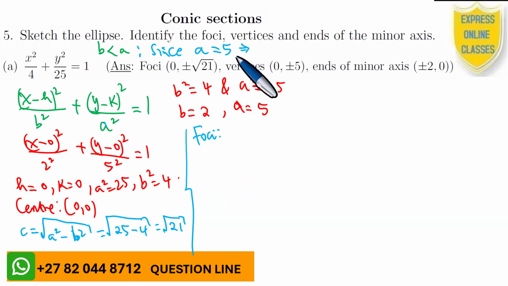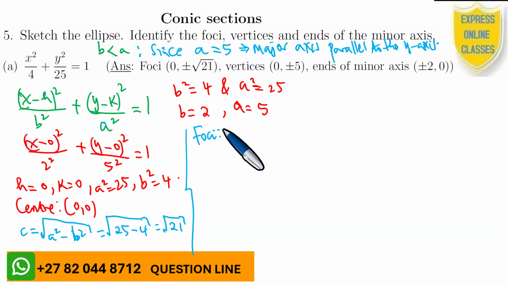This implies that the major axis is parallel to the y-axis.